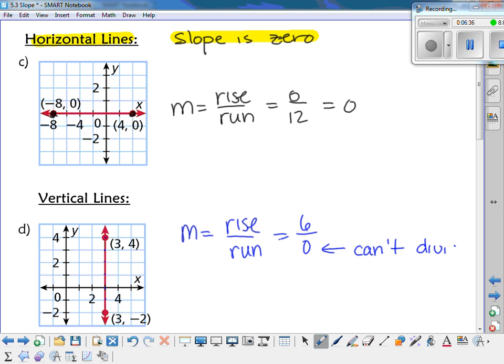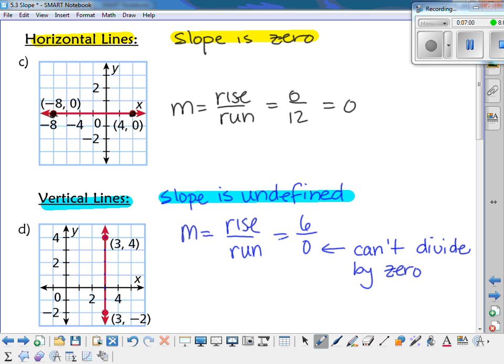Do you remember the word for that when you divide by 0? No? There's a lot of words. Okay, what it means is the slope is undefined. Undefined is the word I was looking for. Okay. Vertical lines, the slope is undefined.